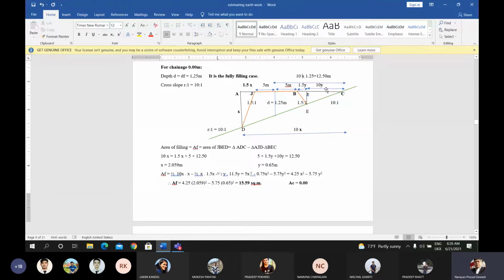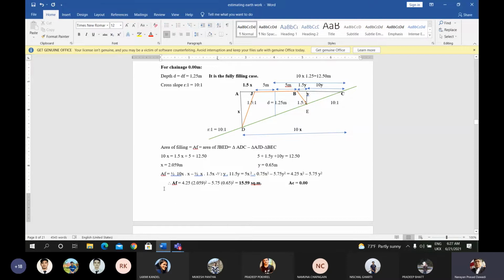We use this formula. We know the value of x, we know the value of y, and we know the total base length as well as the perpendicular of the triangle. So the area of the filling portion is equal to the bigger triangle minus the smaller two triangles.